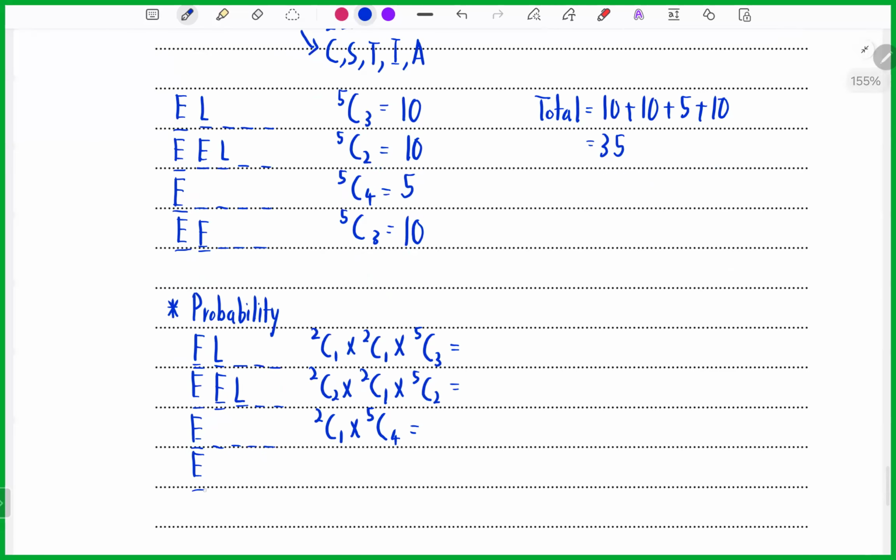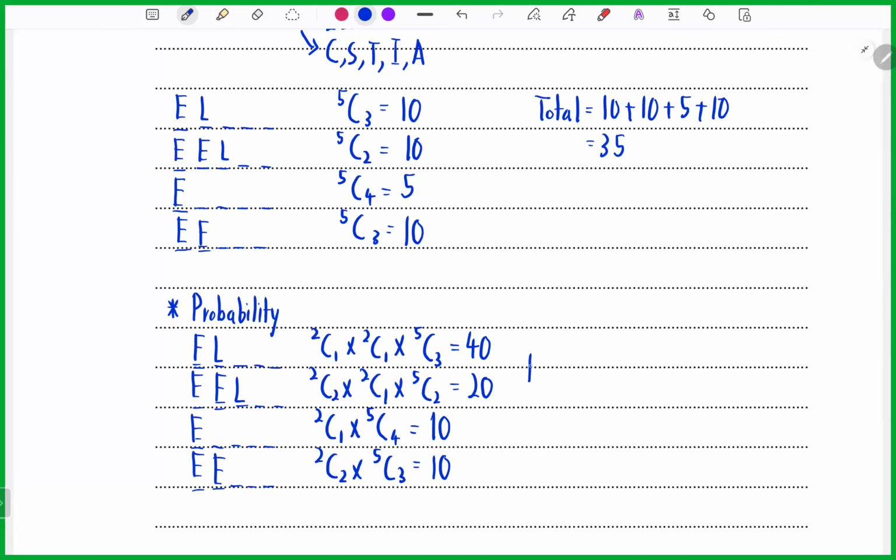Okay, 2C2 multiply 5C3 equals to 20. Okay, 2C1 multiply 5C4 equals to 10. Okay, 2C2 multiply 5C3 equals to 10.